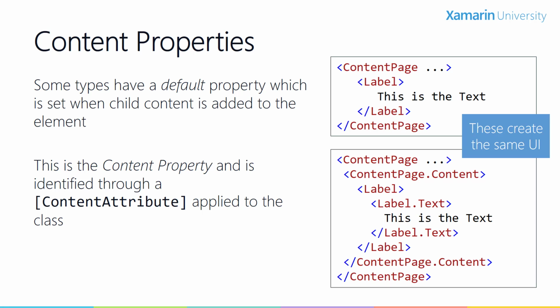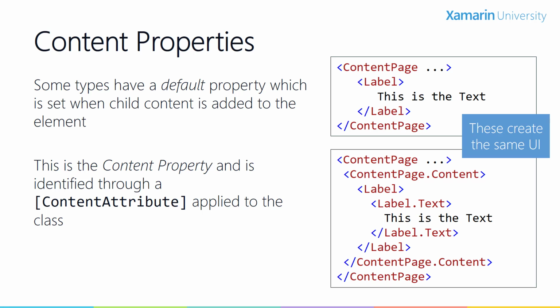We know, however, behind the scenes that a content page has a content property and a label has a text property, but we aren't setting them. The reason we don't have to set them is because of the use of a content property. Essentially, there's an attribute called the content attribute that we can apply to a class to indicate what a default property should be for that class.